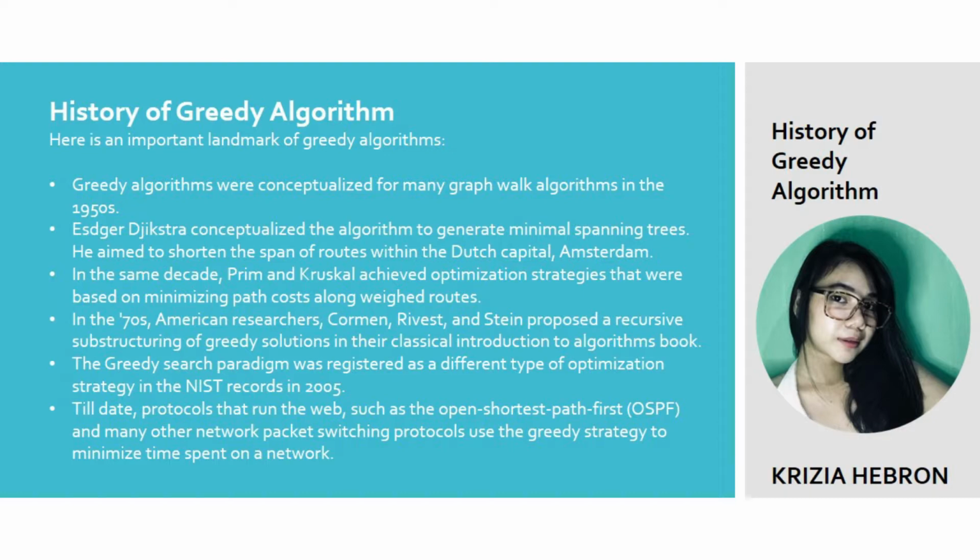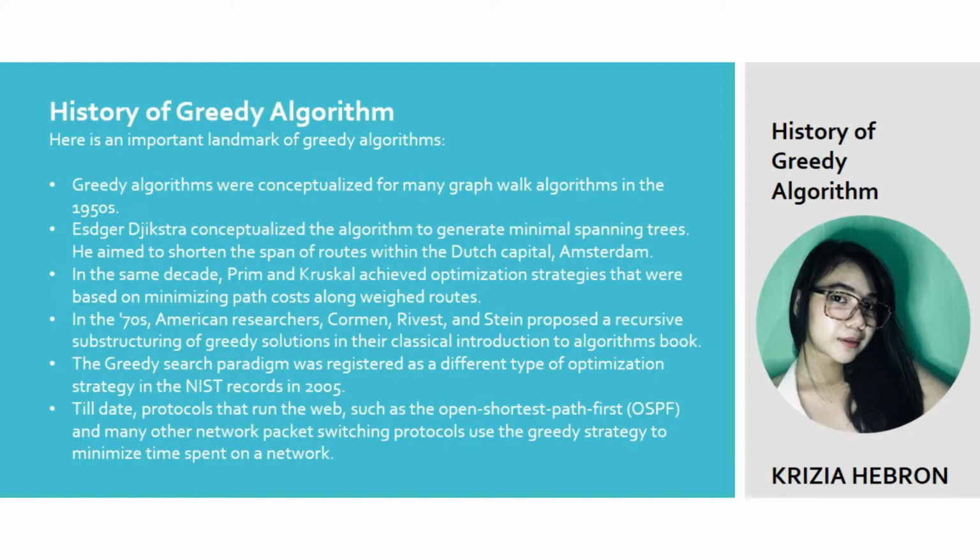In the 70s, American researchers Cormen, Rivest, and Stein proposed a recursive substructuring of the greedy solution in their classical Introduction to Algorithms book.